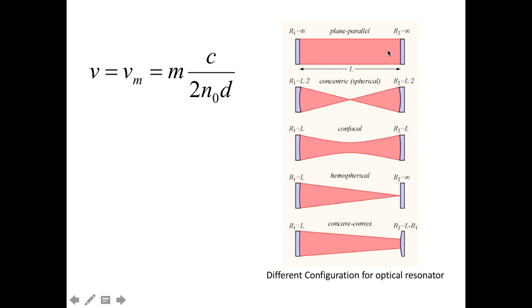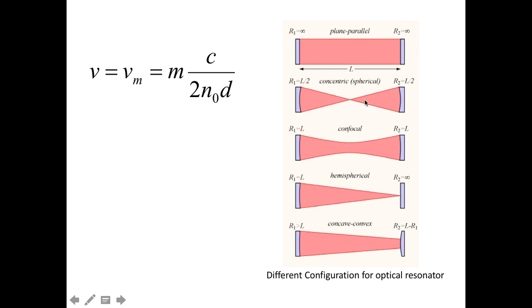Next one is the concentric resonator. If the two radii are equal to half the cavity length, a concentric resonator is formed. This type of cavity produces a diffraction limited beam at the center of the cavity.